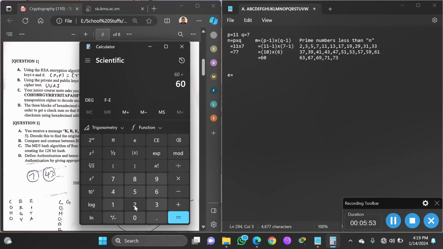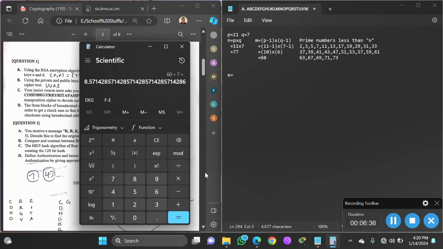If I say 60 by 2, I'm getting 30, meaning the remainder is 0, so that's not our E. We go to 3. 60 divided by 3, the remainder is still 0, because it's not point something, so that's not our E. Then we go to the next number from that list, which is 5. 60 divided by 5 gives 12, meaning that's not our E. So we are at 7 now. 60 divided by 7.